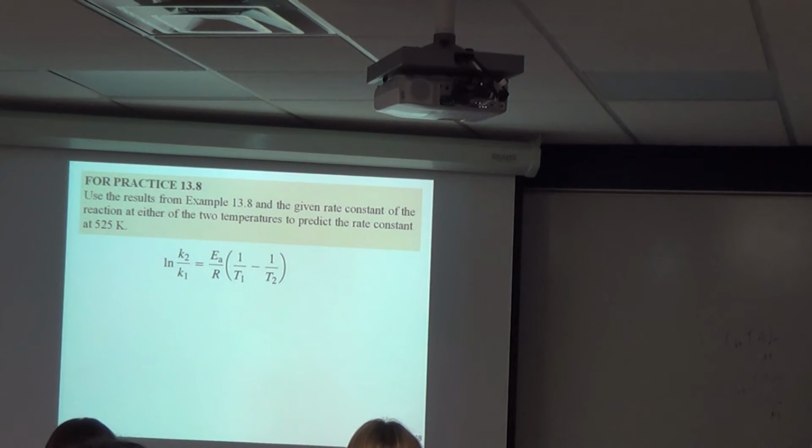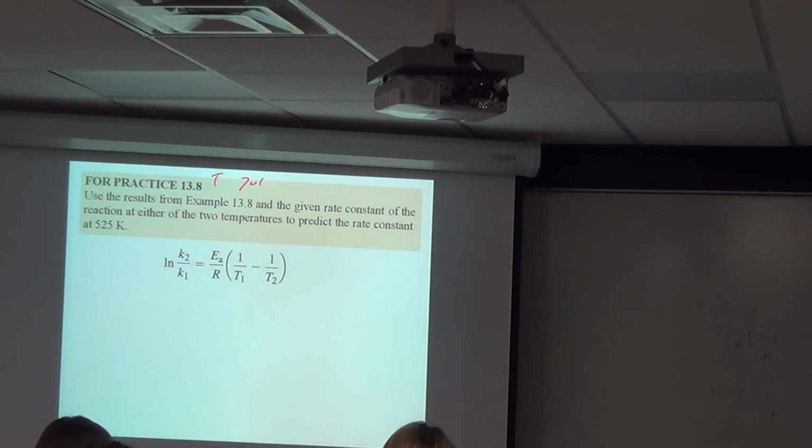So we don't even specify the problem clearly. I just tell you to use the last example, last problem, and each of the two temperatures to predict the rate constant at 525. Well, now let's choose one temperature. Do you remember that one temperature? 701.